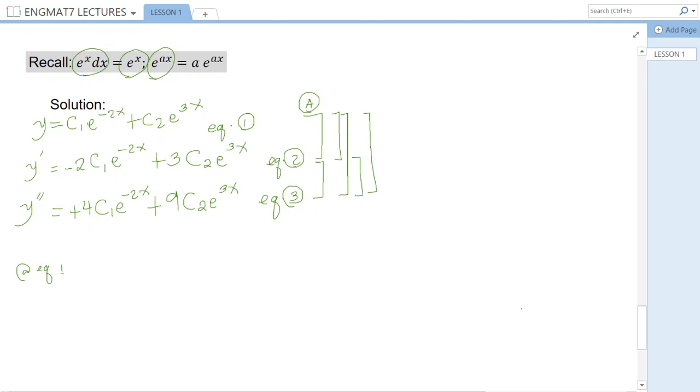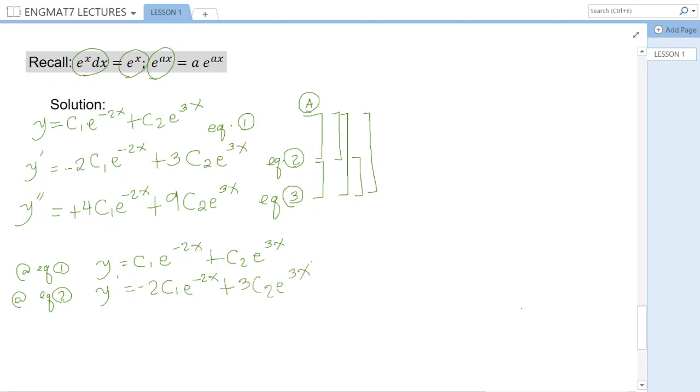At equation 1, let us copy that: y is equal to c1 e raised to negative 2x plus c2 e raised to 3x. And then at equation 2, y prime is equal to negative 2c1 e raised to negative 2x plus 3c2 e raised to 3x.